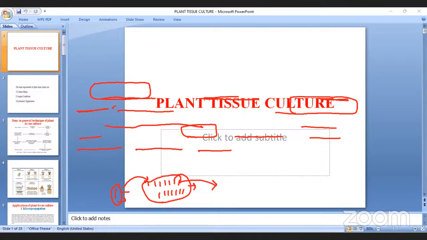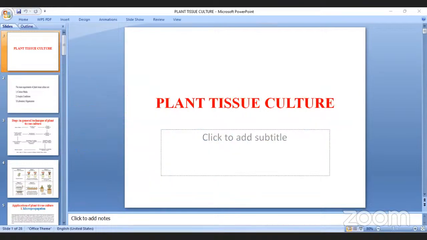I already told you this may be useful to the plant: resistance to a particular disease or herbicide, and stress tolerance also. They are the benefits. Right? Next one, another application is somatic embryogenesis.